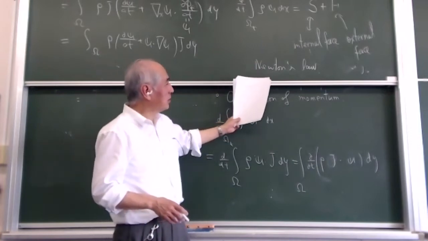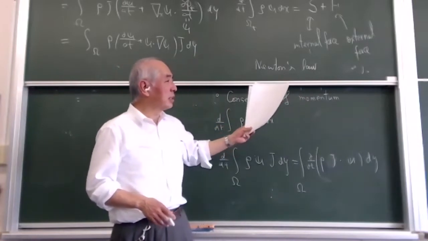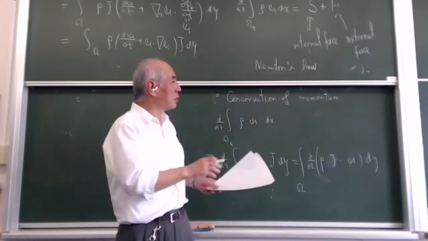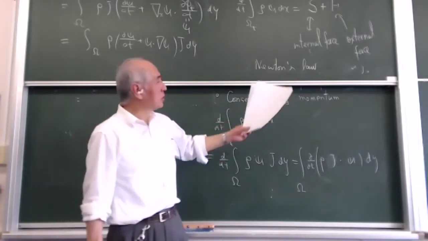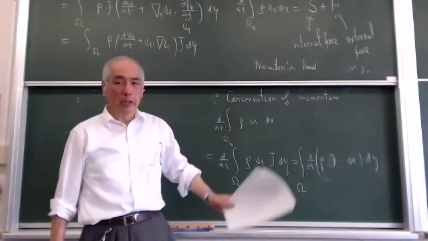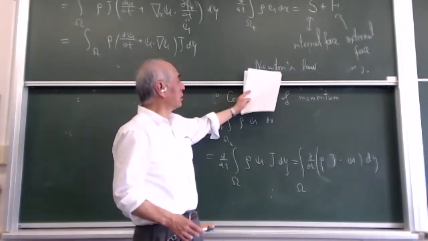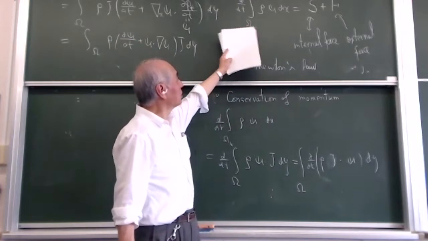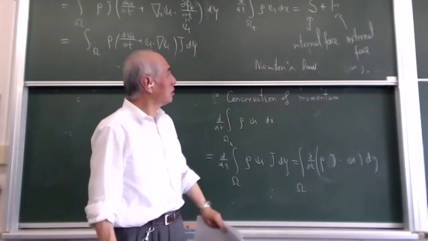But the first mathematician who derived the equation describing fluid motion is Euler. Euler used Newton's law. So if you know Newton's law, this Euler equation is almost natural.